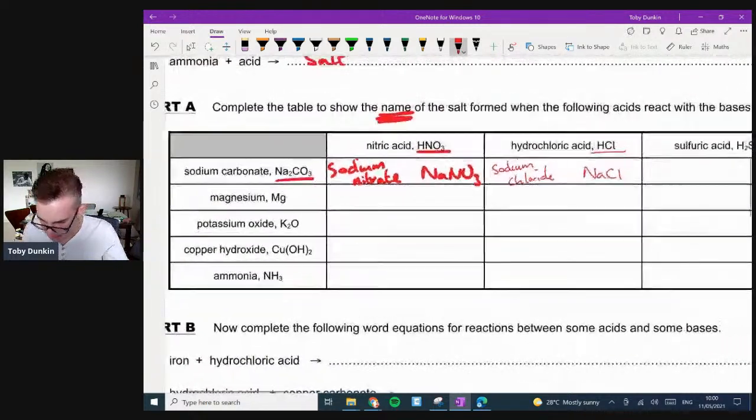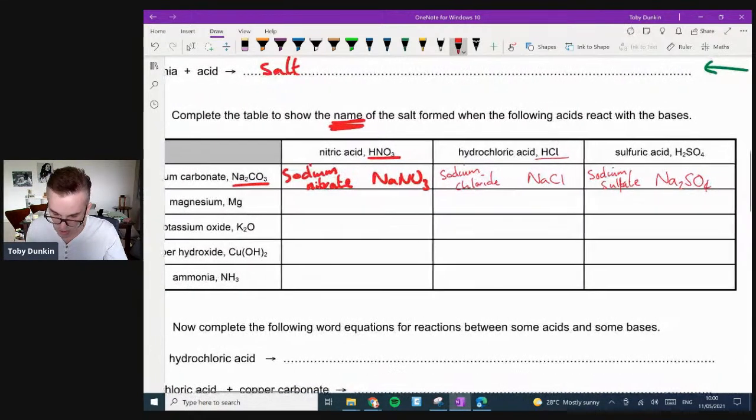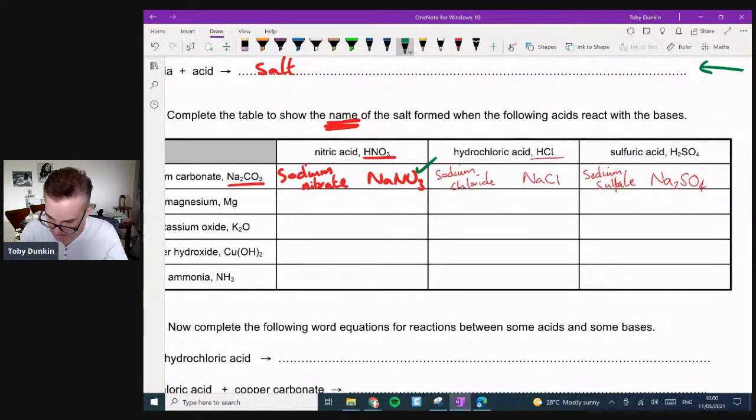And the last one is sulfuric acid. That's going to form sodium sulfate, its formula would be Na2SO4. Tick them if you got them, guys. 3 marks, 1, 2, 3 if you got the names of each.